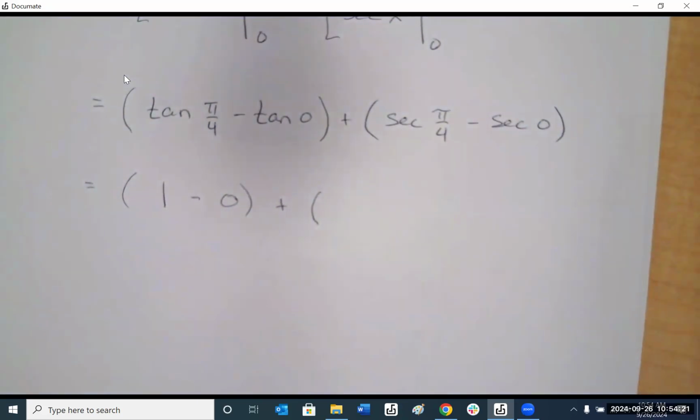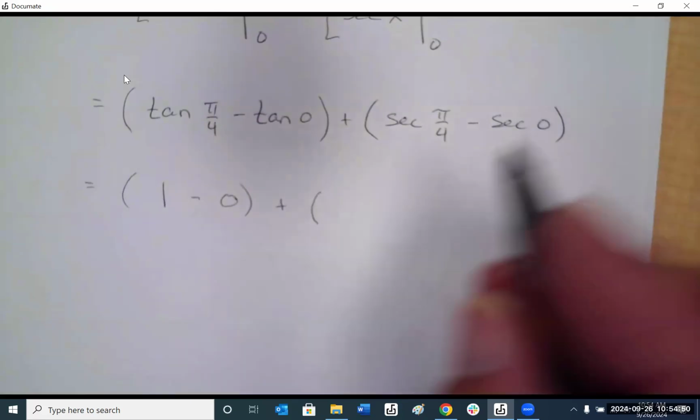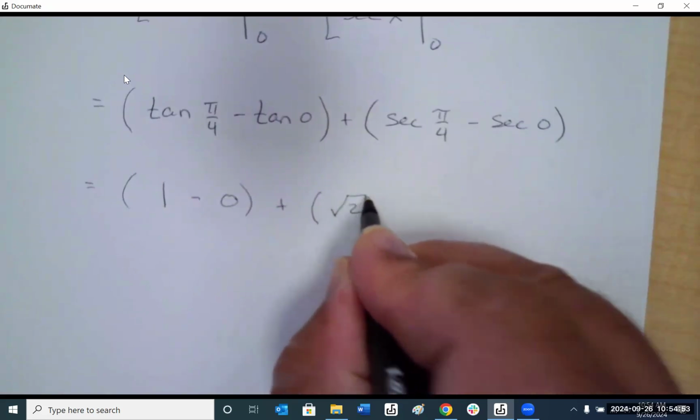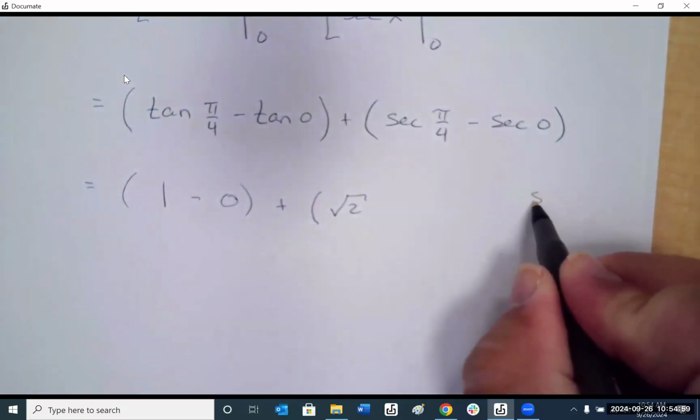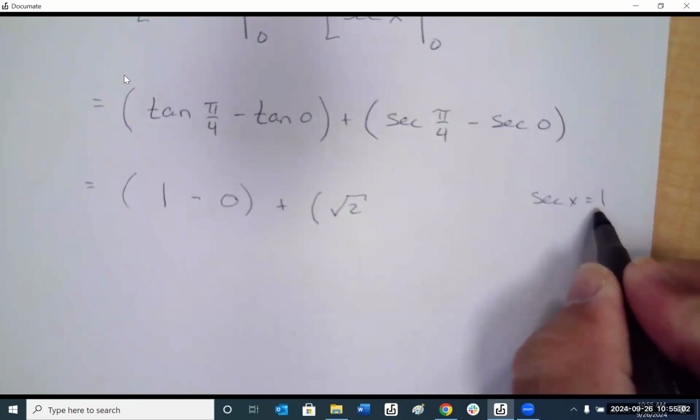Secant pi over 4. Tell me the final answer, not the equation. Simplify it all the way out. You cannot have a radical on the bottom. Square root of 2. For those of you who don't know, secant is equal to 1 over cosine.